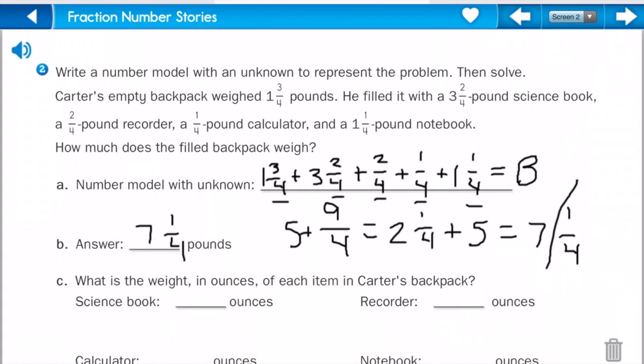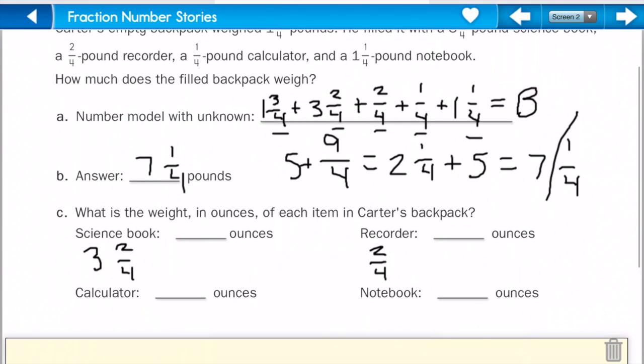So the science book weighs 3 and 2/4. The recorder weighs 2/4. The calculator weighs 1/4.